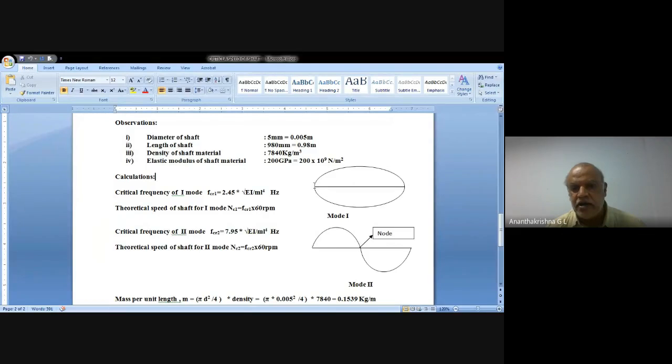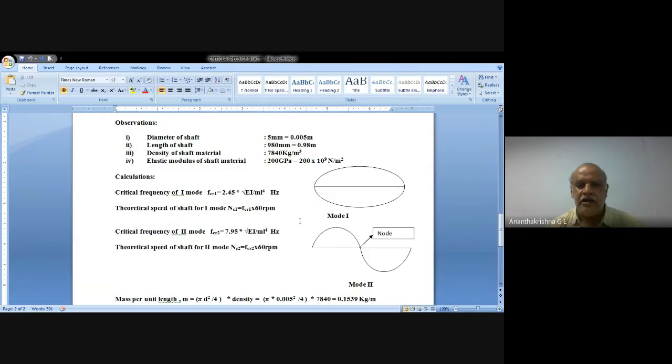So when we get the shaft being bent in this way, then we can say the shaft is vibrating in mode 1 type of vibration. When the shaft bends like a bow like this, on either side of its centroidal axis, then we will say that the shaft is vibrating in mode 1.